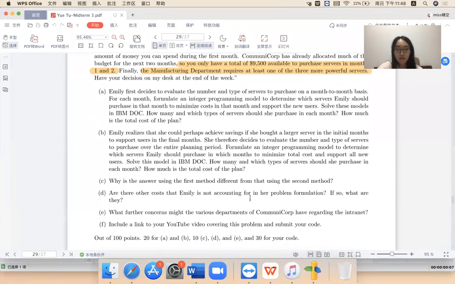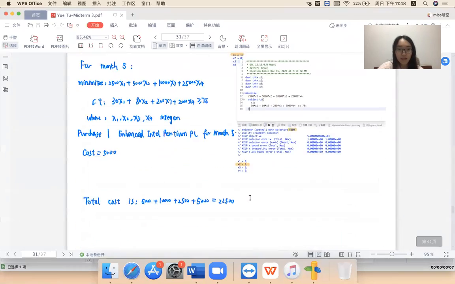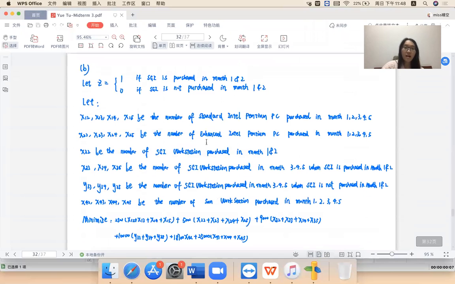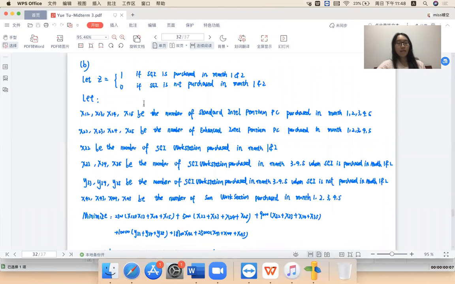So let's see my solution. First, I let z equal 0 or 1 in different situations. And then I let xij be the number of corresponding servers in different months.